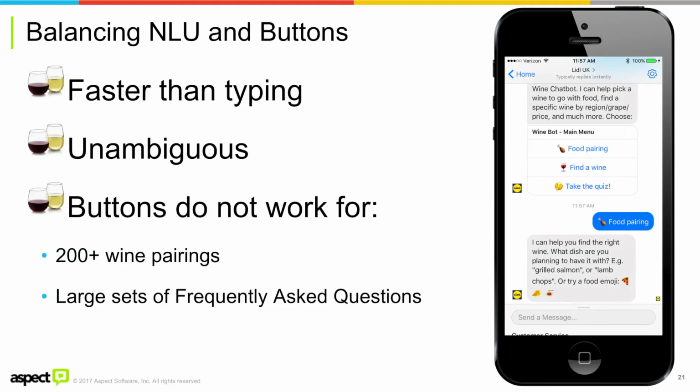But even 15 questions, that's going to be several layers of buttons to get to, and we want to expand her to answer a lot more. And follow-up questions. So somebody asks, well, what goes well with chicken? And she gives a recommendation. Now you want to know, well, what wines do you have that meet those criteria that I could buy?